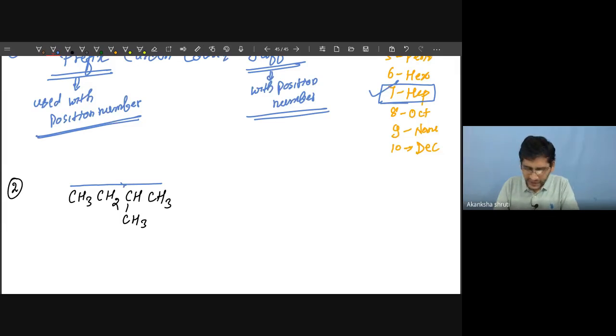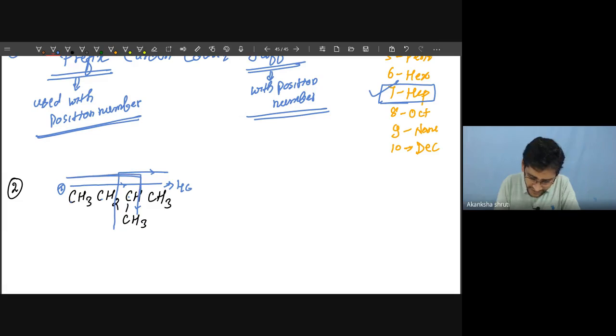Students, you are free to select the chain like this, another one like this. You are free to select like this, starting from here. These are mostly the 3 possibilities, whether from left to right or upper to bottom. If you consider the first one, you observe 1, 2, 3, 4, so we have 4 carbon.